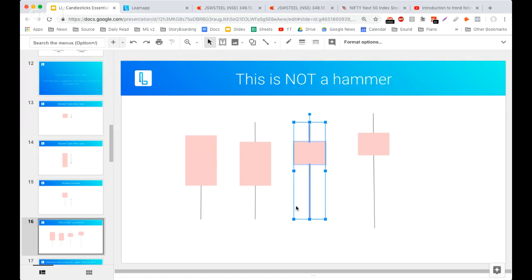This is also kind of not a hammer. So I'll just make this a little more obvious because it has an upper tail too much. Can you see that? The upper wick and the lower wick, the upper wick is too much. Even here, it's kind of too much, right? Can you see it? I should actually have made this a little shorter. Okay, yeah. So that's also not a hammer. A hammer needs, yes, that's right.